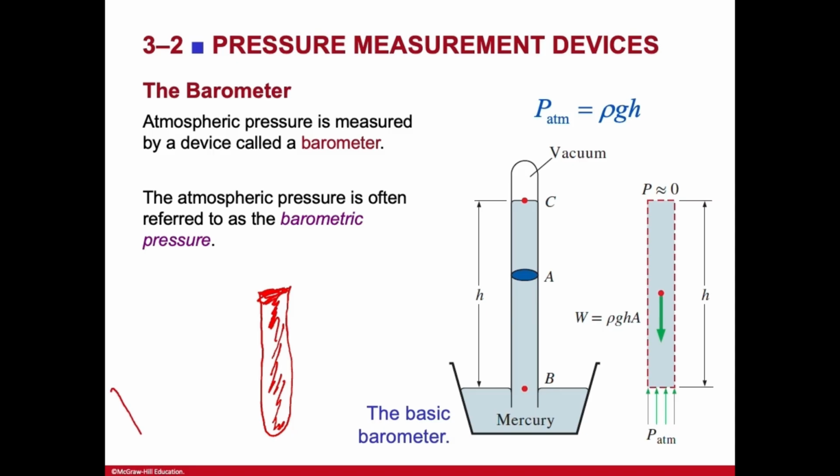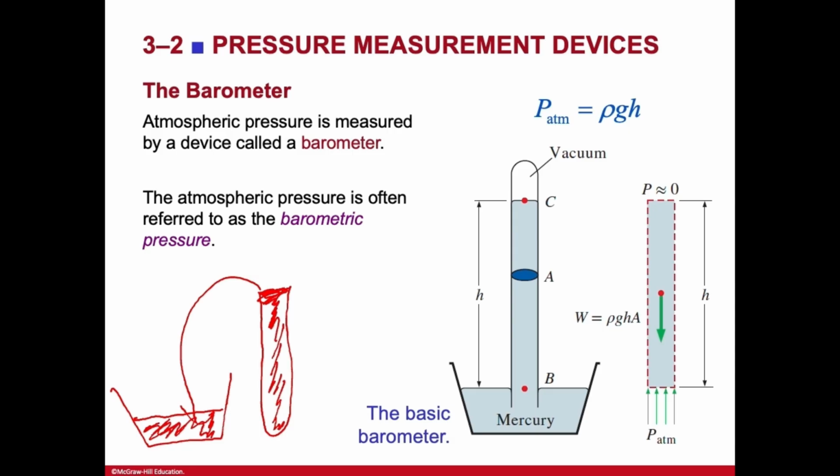Then you have a container, essentially a Tupperware or something, with the same working fluid, let's say mercury, in it. And all you have to do is tilt this test tube and immerse it into this container or bath with the rest of the mercury in it.